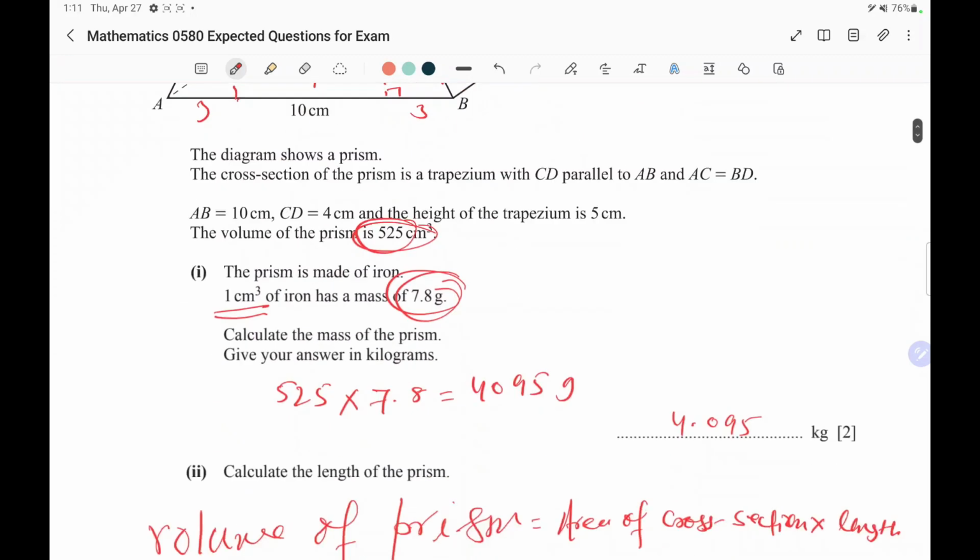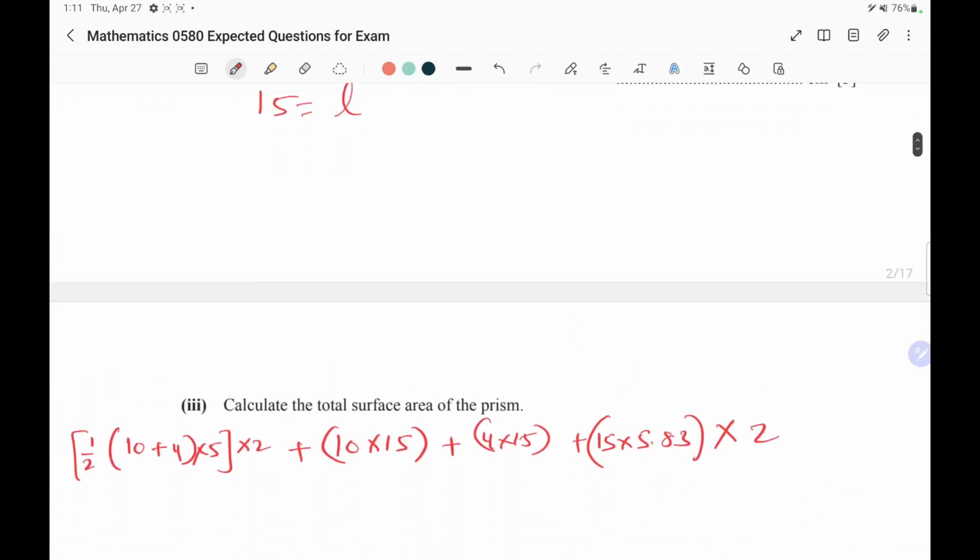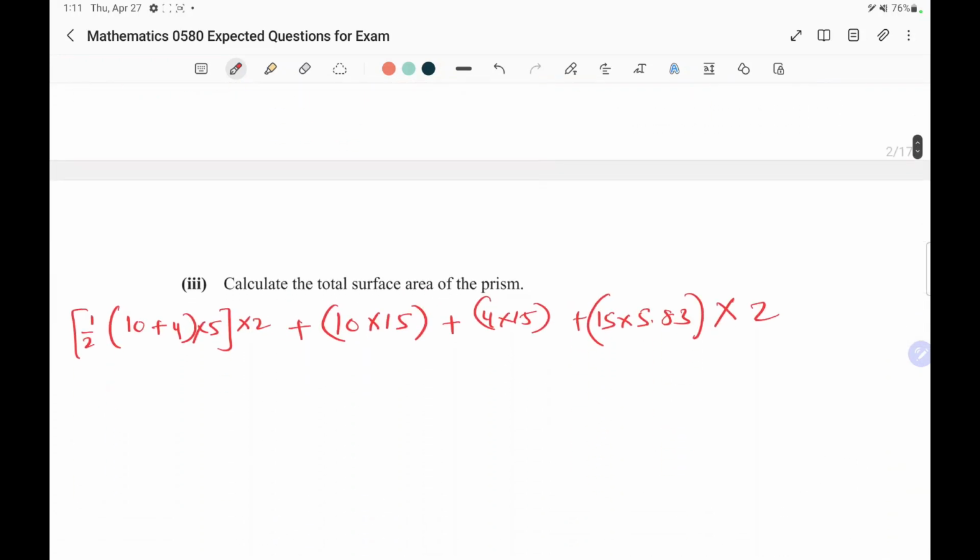Okay, so I think we can just add all these and we will get the answer. So let's add. How much is this? 10 plus 4, 14, 14 over 2, 7, 7 times 5, 35, and 35 times 2, 70.